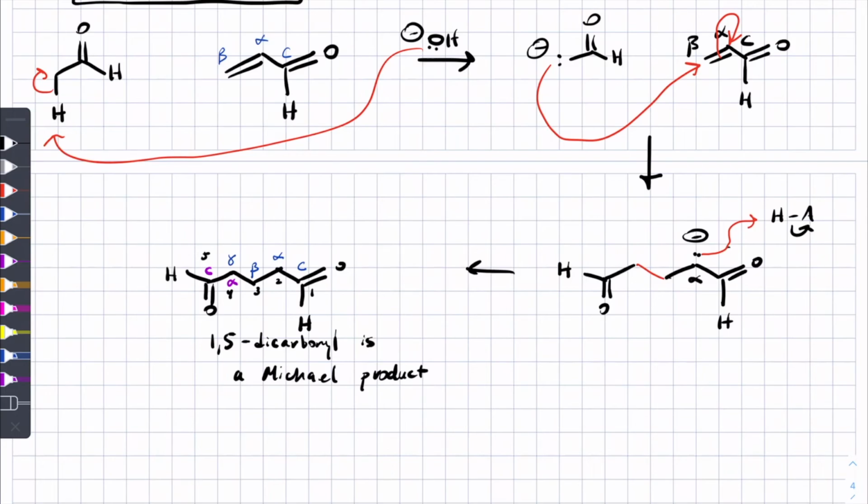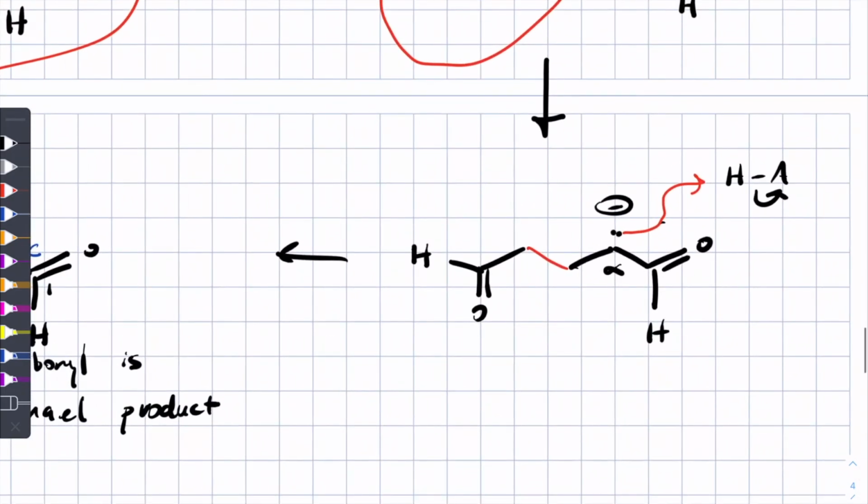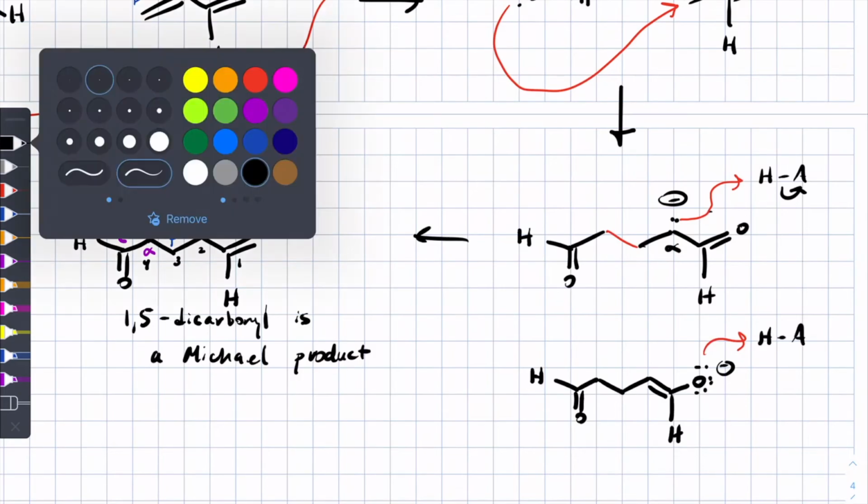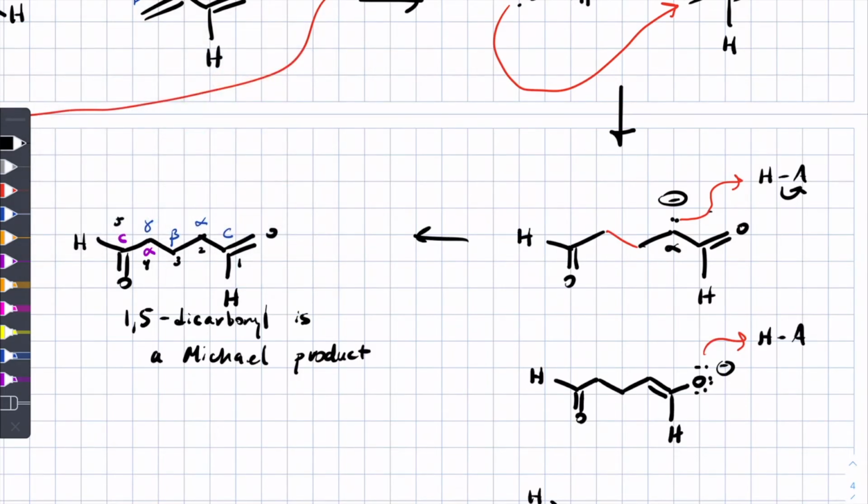Yeah, what else? Why doesn't the negative charge on the alpha carbon in the third step there resonate up to be on the oxygen, so there's more to the alcohol instead? Okay, why doesn't the negative charge, because you could draw a resonance structure that looks like this, and the negative charge would be on the oxygen. Why don't we form a bond there with hydrogen to make the enol product? That happens, and in fact, that's actually what happens first, because it's faster to protonate on oxygen than on carbon.